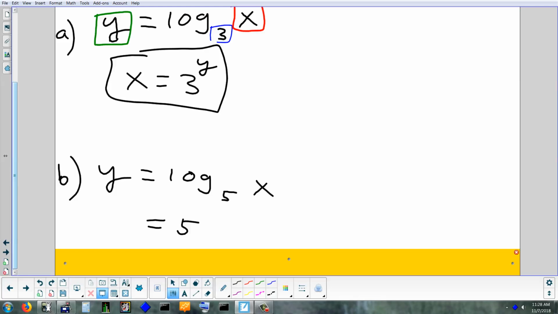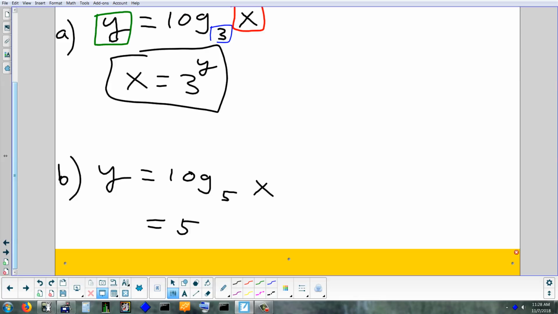So the choices are now y and x. One of those. x or y. Anyone? Yeah? Why? y. How come? Because it's the exponent, I guess. Right.